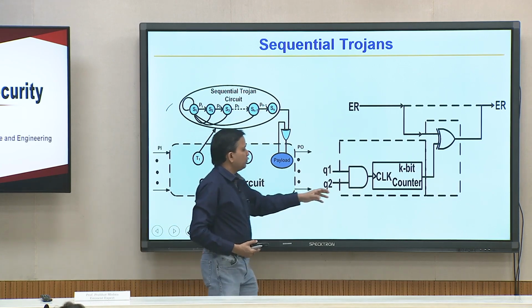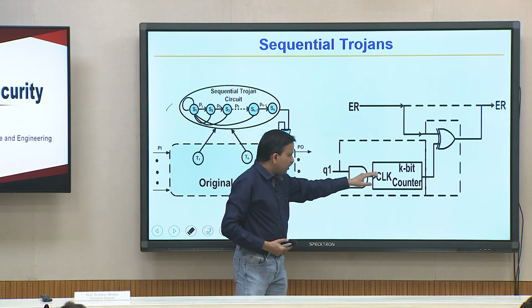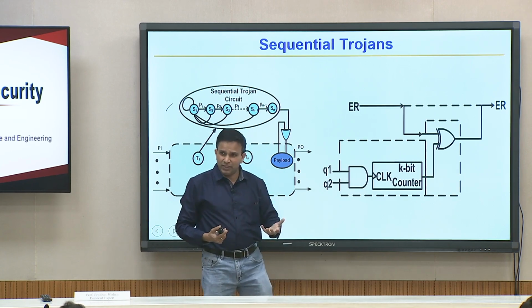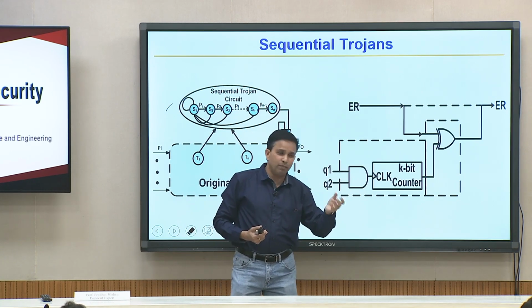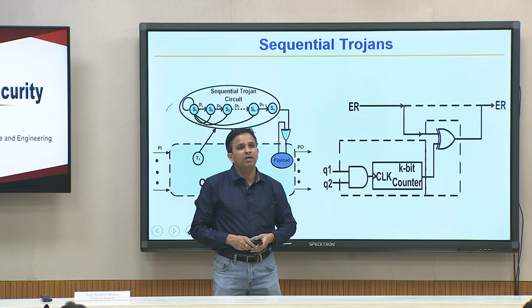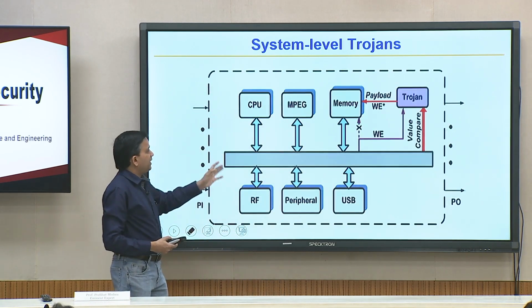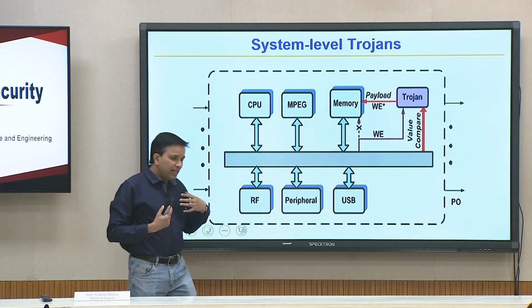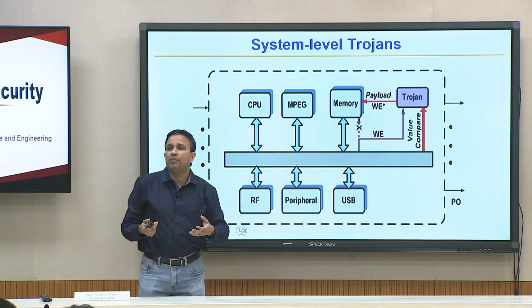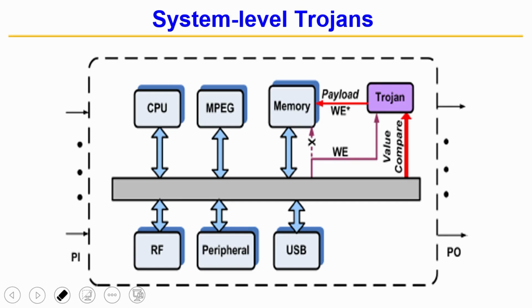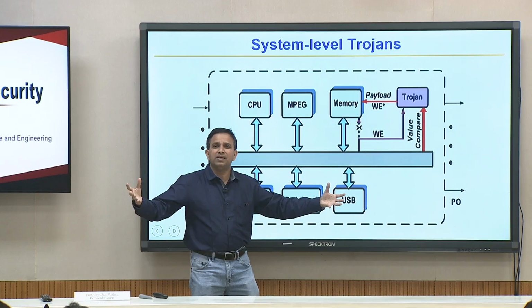If the counter is controlled by a clock, we call it a synchronous counter. If the counter is controlled by some asynchronous variable, we call it an asynchronous counter. And this one, I said maybe I as an attacker did not have access to when the processor or memory got designed, but I am on the system integrator side. Let us say I am working in Apple or Samsung or Sony, Toshiba, Hitachi, all these big systems companies.